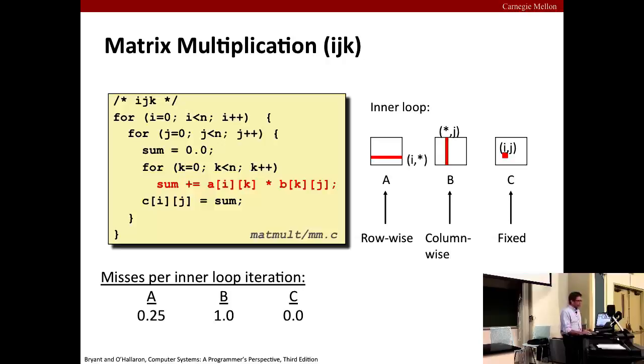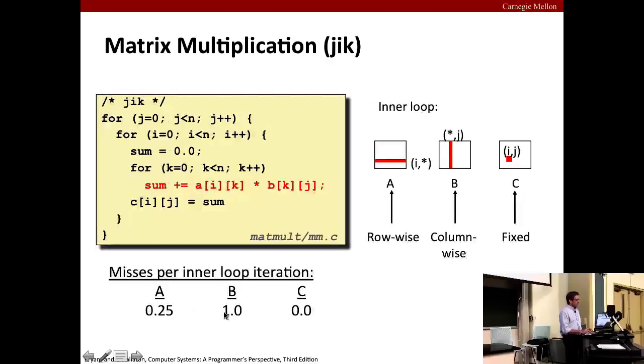So 1 out of 4 references to A will miss. But because the access pattern for B is column-wise, every reference to B will miss. Okay, so the average number of misses per loop iteration is 1.25. Okay, the jik version is exactly the same pattern.